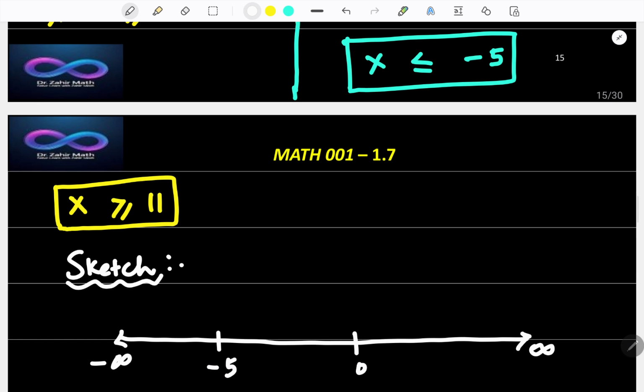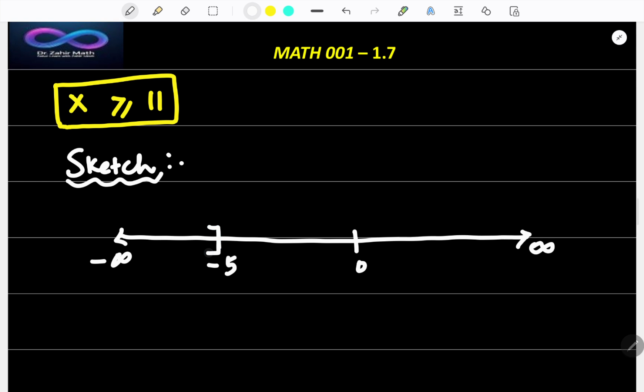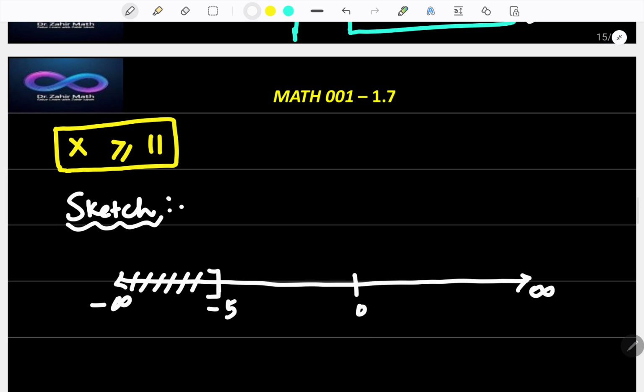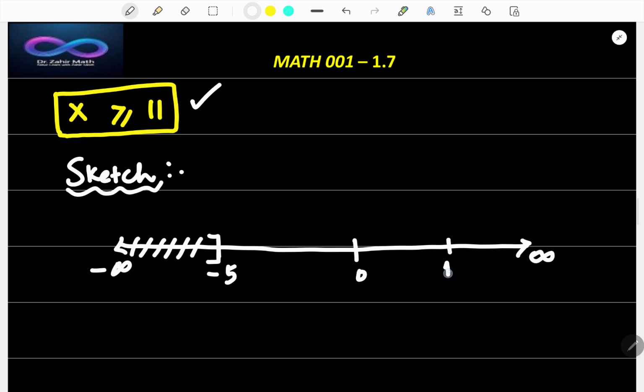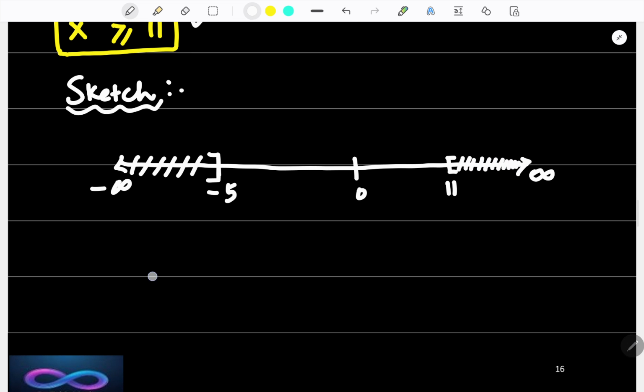So x is less than or equal to minus 5. So this is minus 5, and less than is this side. The second one is x is more than or equal to 11. For example, let's say here is 11. More than or equal to 11 means you put a bracket here and write this one. Clear all of you? So this is a very, very easy exercise.